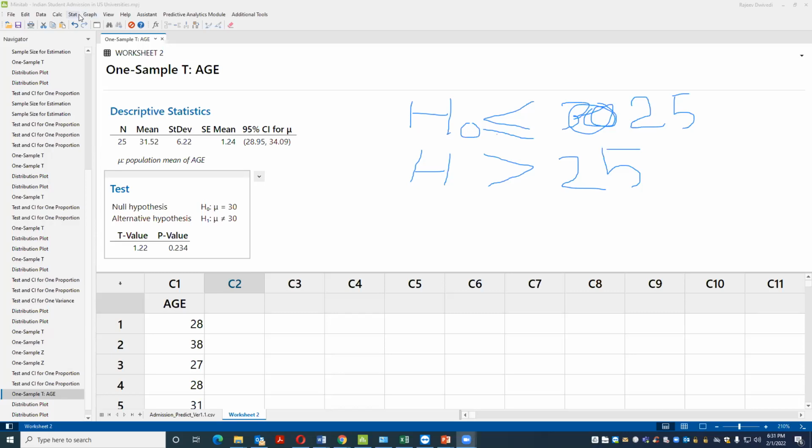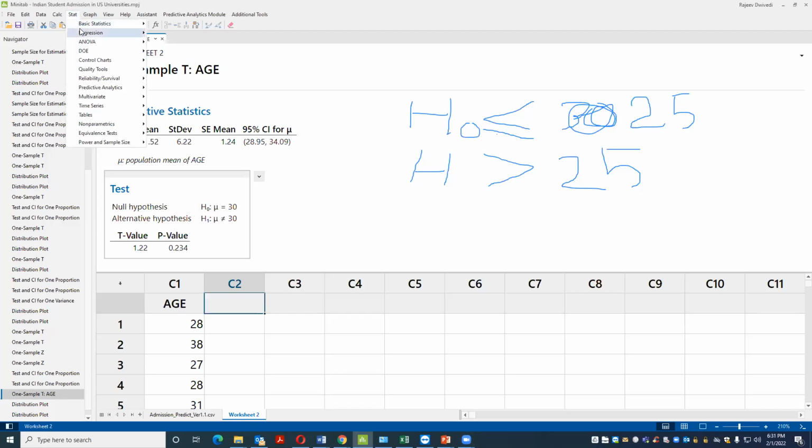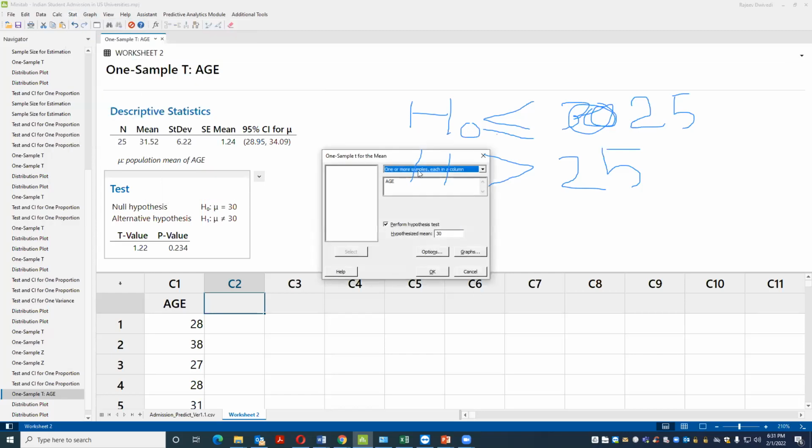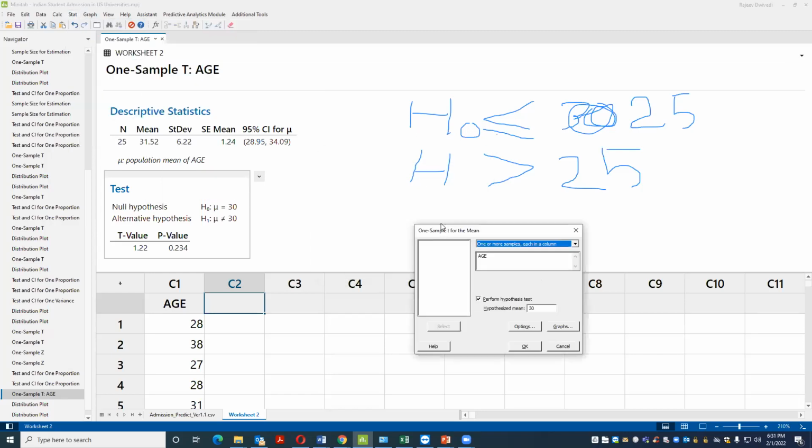I go to statistics, basic statistics, one sample T. Now I'm going to change only one thing, which is to make the hypothesized mean 25. Under options, we have three options, and make sure these are the alternative, not the null hypothesis.